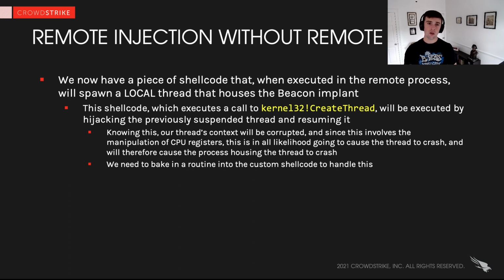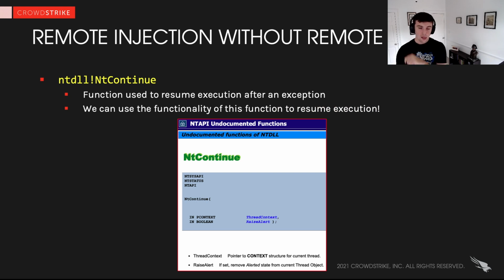So what we need to do is bake in a routine that's appended to the shellcode that calls CreateThread that will handle this and will resume execution. So there is a beautiful function on Windows known as NtContinue, and it's used to resume execution after an exception. And knowing this, we can actually use this functionality to resume execution automatically.